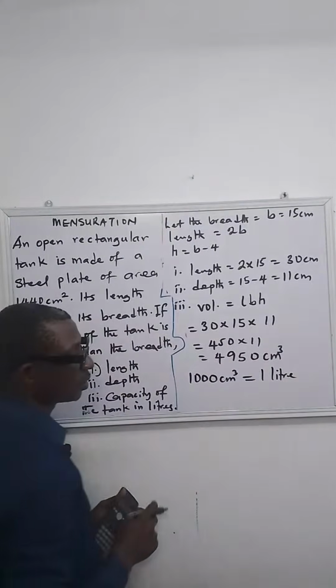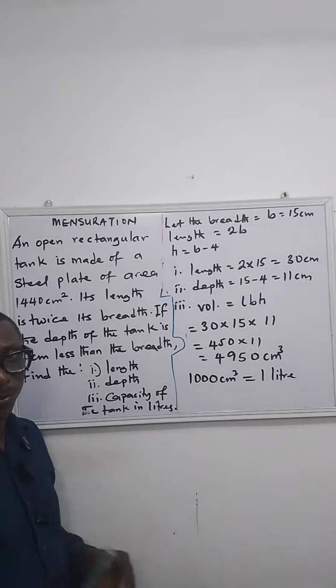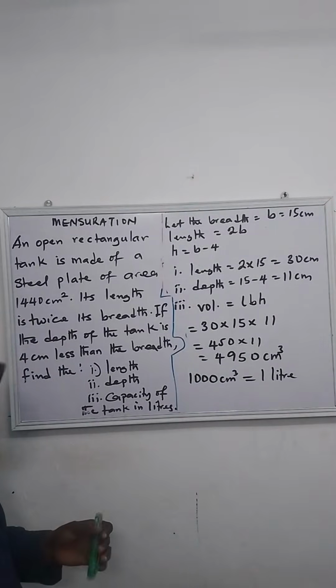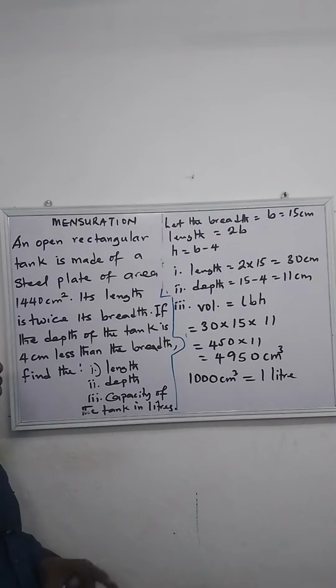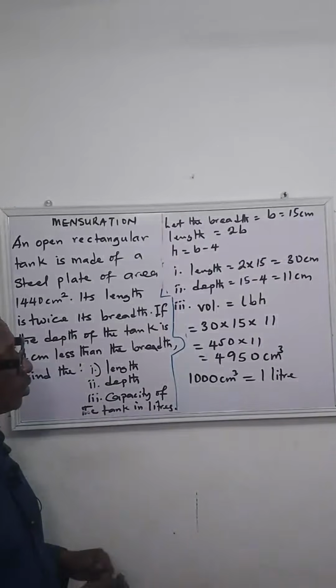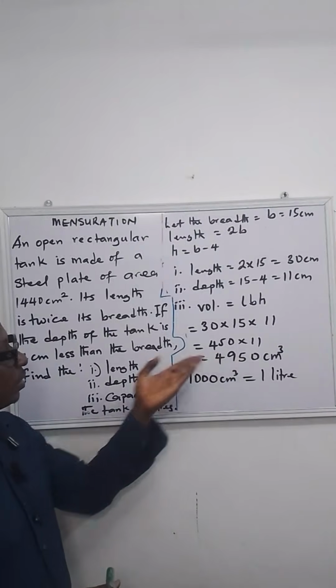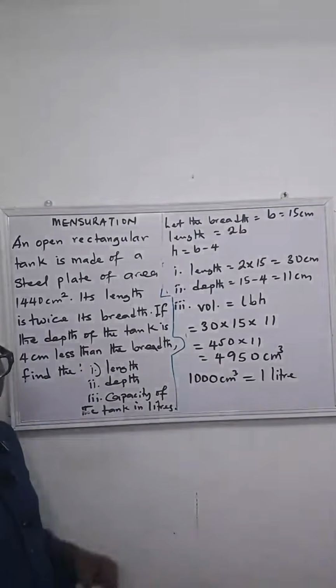Okay, so if you know this, so what is going to be the value of this in liters? Can you drop your answer as well in the comment section? Let's see. What do you have? So since 1 liter is equivalent to 1,000 centimeter cube. So what's going to be the value of this, the capacity of the tank in liters?